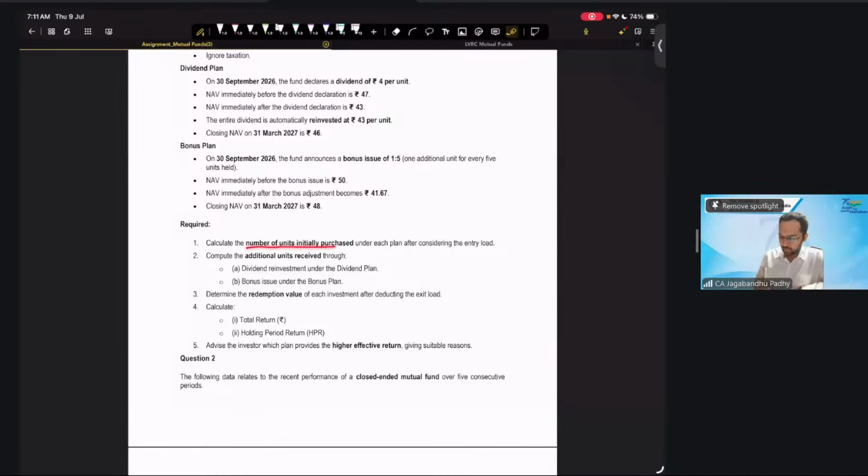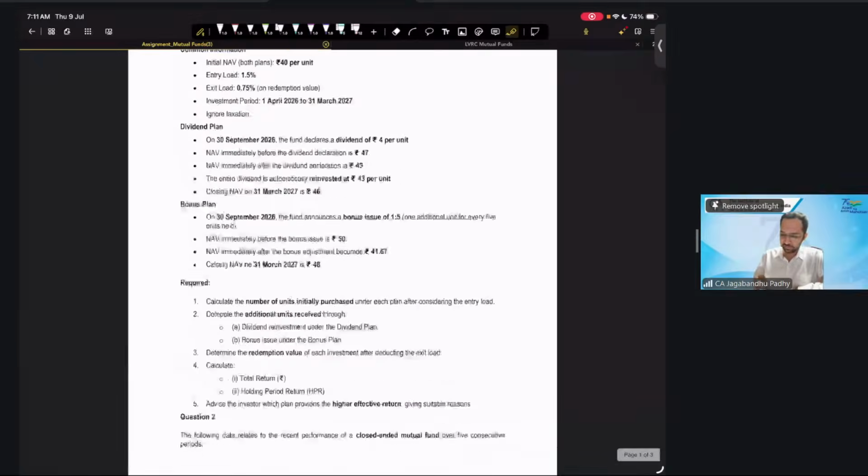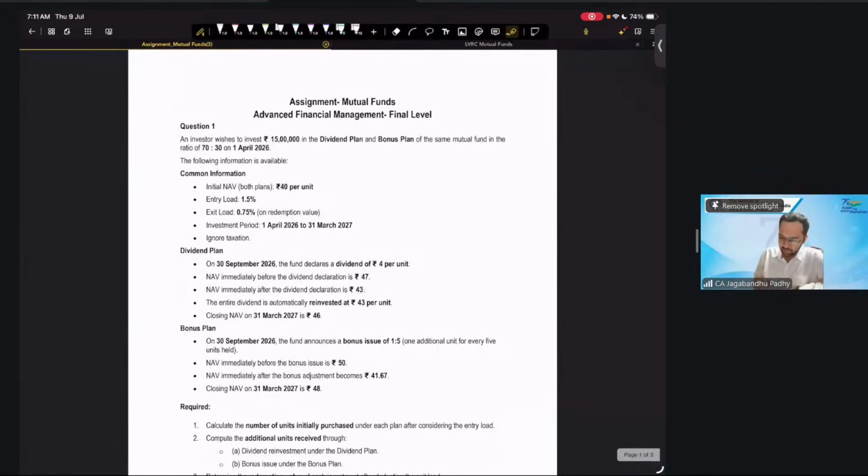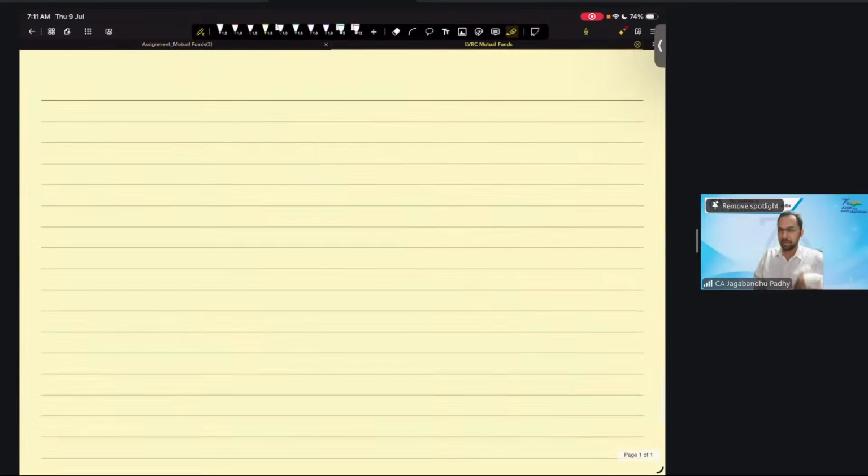First thing is to calculate the number of units initially purchased. The investment that was made is in the ratio of 70 is to 30. So of course, we need to first have the information of investments made.